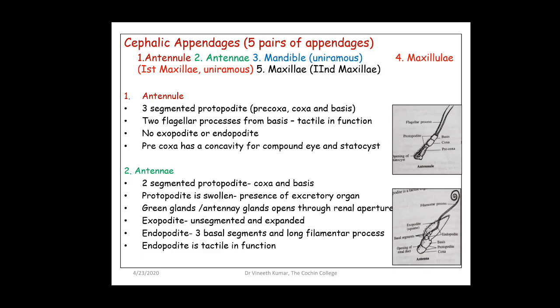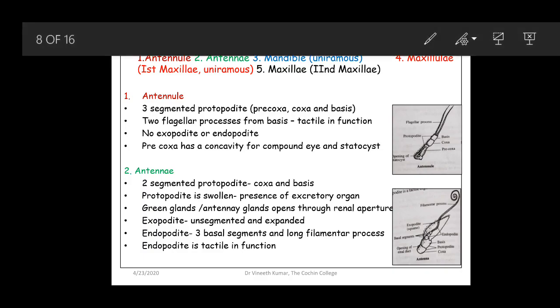Coming to the second one, the antennae. The antennae has the normal two-segmented protopodite with the coxa and basis, as you see in this particular diagram. Here the protopodite is swollen because the green glands are present in the coxa. That's why it is also called the coxal gland.